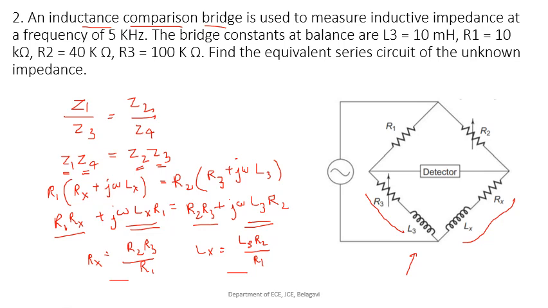So these two you have to know, and then you just substitute. Value of R2 is given, R3 is given, R1 is given, so you can find Rx. Then to find Lx you require L3. L3 is also given, R2 and R1 are also given, so you can find it.